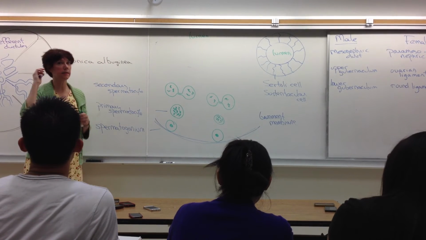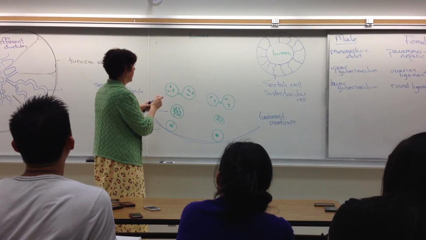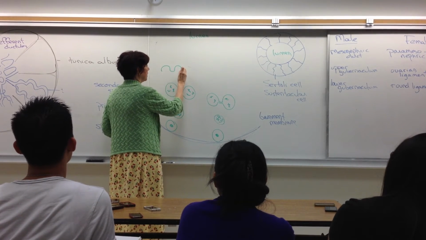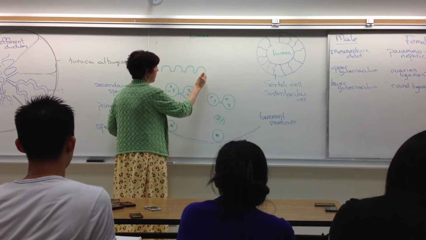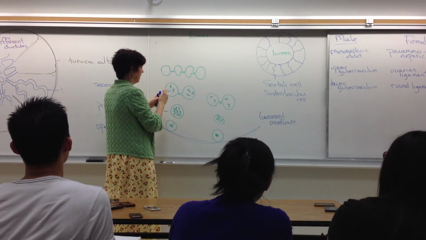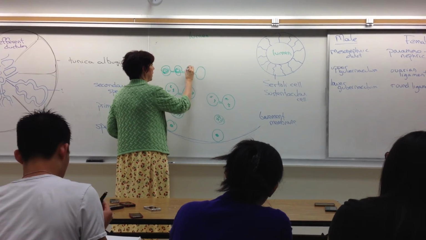Notice I'm drawing just the spermatocytes. I have not yet put in a sustentacular cell. These divide again. The nuclei are smaller, but they're still connected. Cells are still connected via a cytoplasmic bridge.